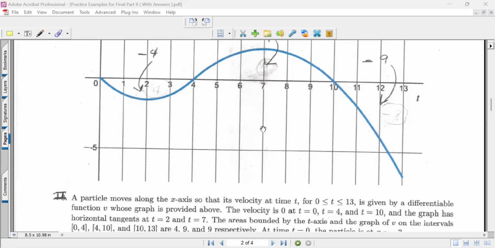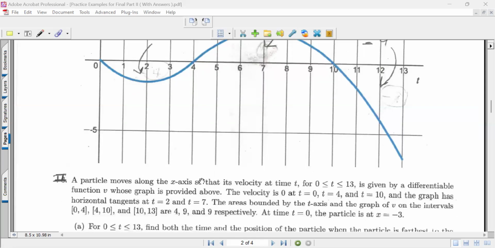So we've got that kind of out of the way. And we're told that the area bounded by the t-axis and the graph, we were interested in the area here, here, and here.